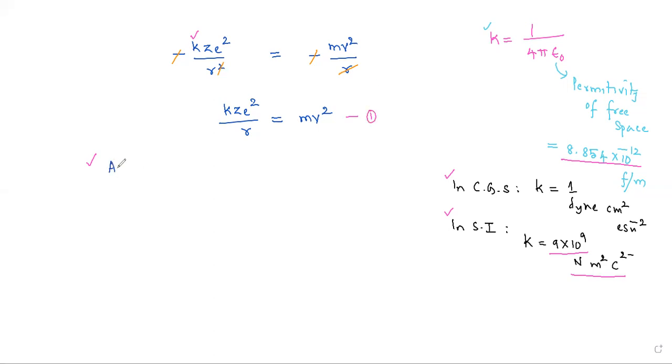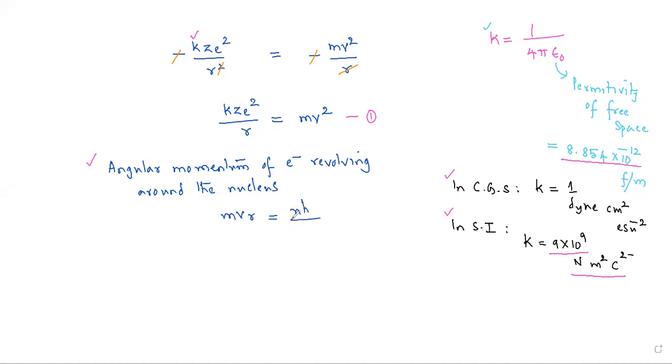Okay. We know that angular momentum of electron revolving around the nucleus, mvr, can be given as nh by 2 pi. So what is v here?